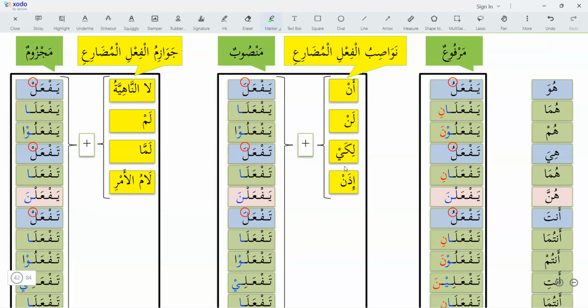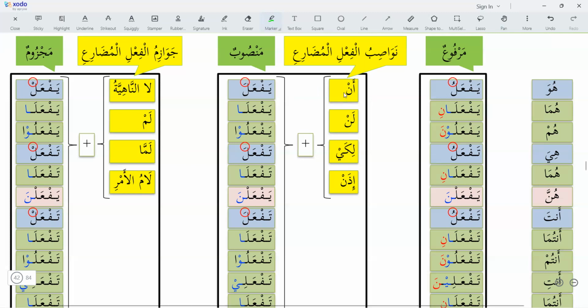This an belongs to that group of particles, and they all do the same action. But an, lan, likai, izan, these are the four particles that do the same action in the fi'l mudare. When any of these four particles is before the verb, then the verb is mansub.